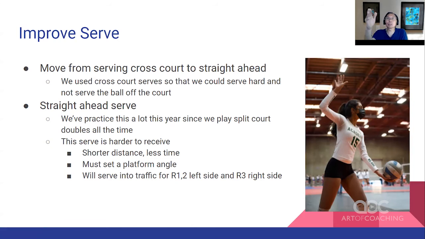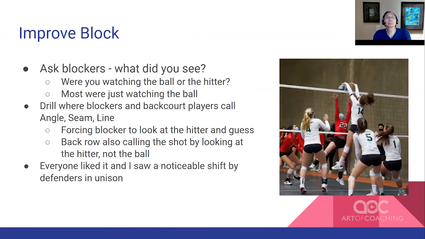And then on the right side, in rotation 3, the setter and middle are stacked up and they have to both transition to the middle of the court, which makes them cross across that serve as well. So that sort of motion, we want to have to our advantage. And in addition to that, serving flat, straight ahead, hard, so the ball's coming in fast, should cause extra pressure. And hopefully we can avoid this, 12 perfect passes to the libero in future matches.